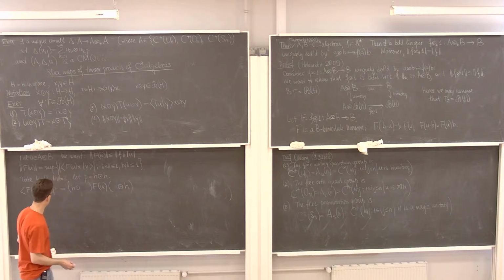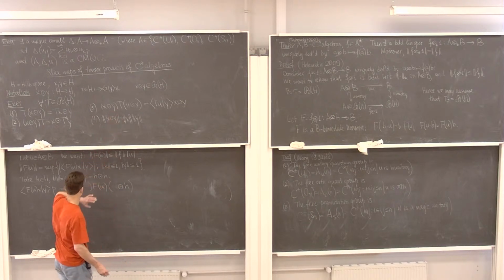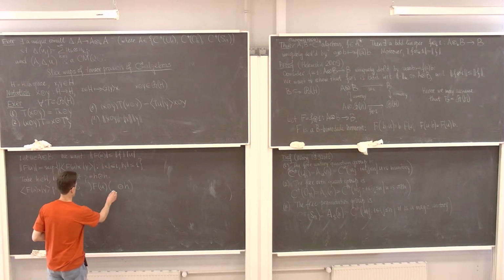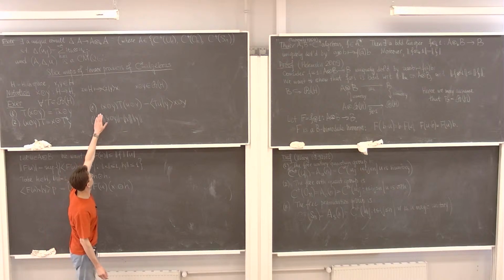And what is something? So we look here. Here we have x, and here we have y. So this follows from formula 3.